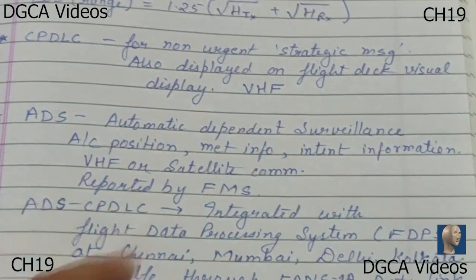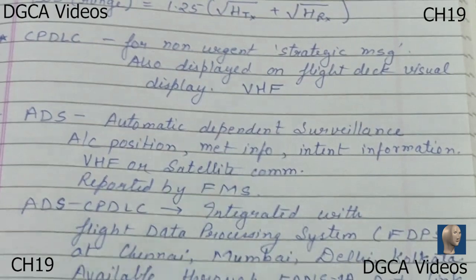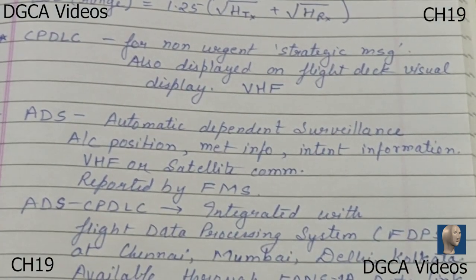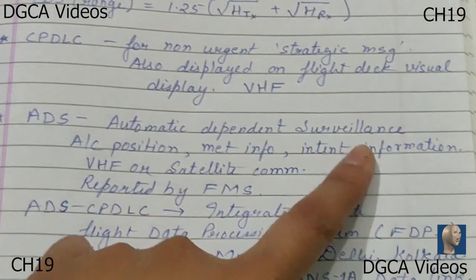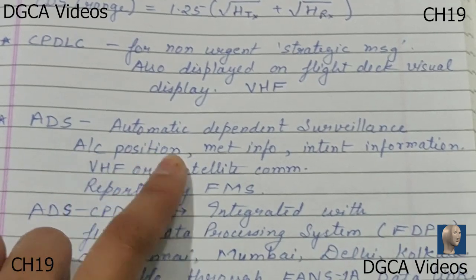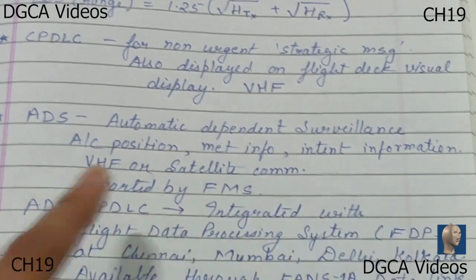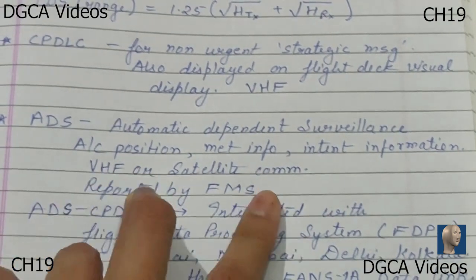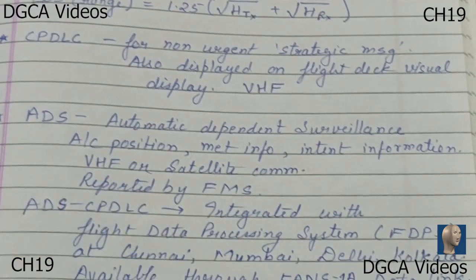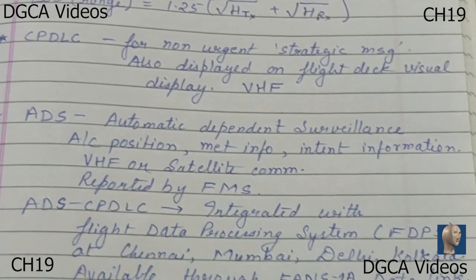This is also displayed on the flight deck visual display, and this is done in the VHF frequency band. ADS is automatic dependent surveillance, and this will tell you the aircraft position, meteorology information, intended information, anything. VHF or satellite communication is used here, and this is reported by the FMS.